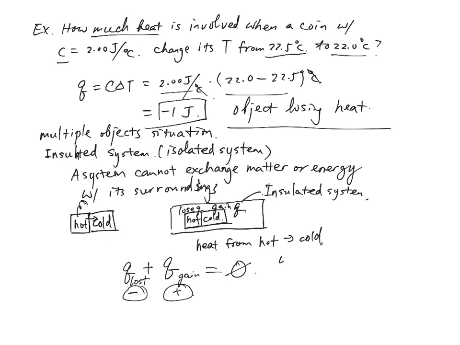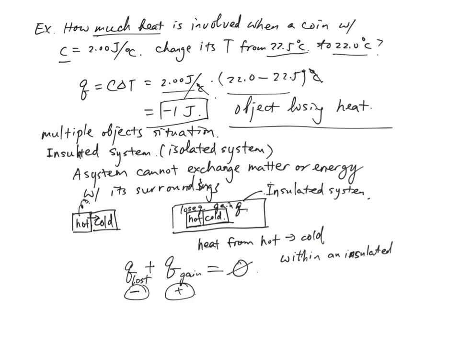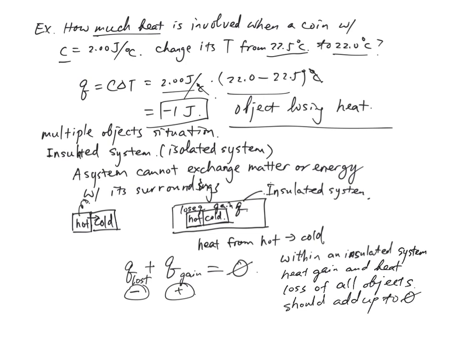Within an insulated system, heat gain and heat loss of all objects should add up to 0.